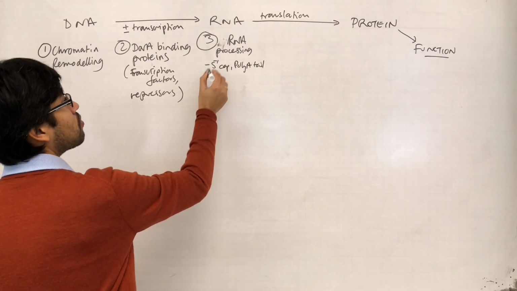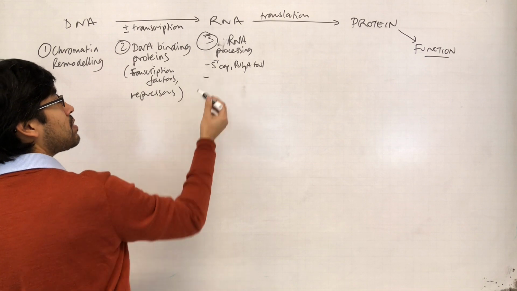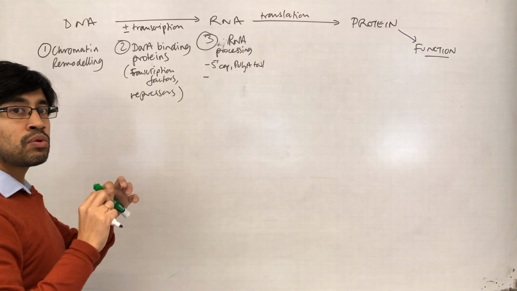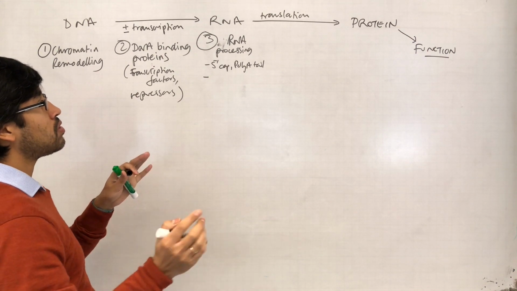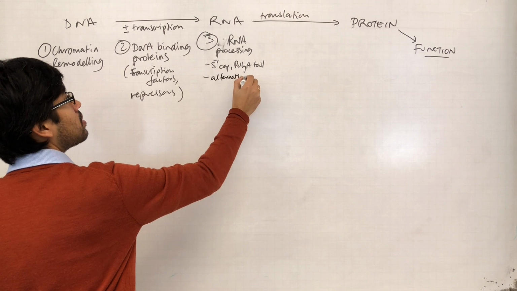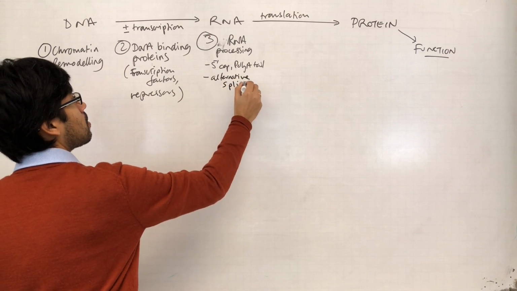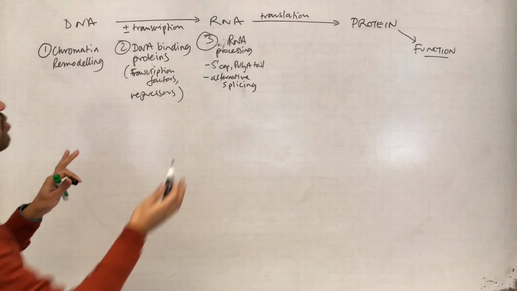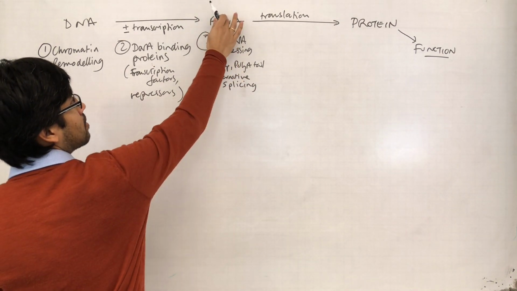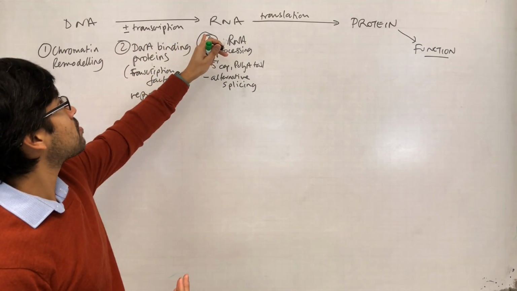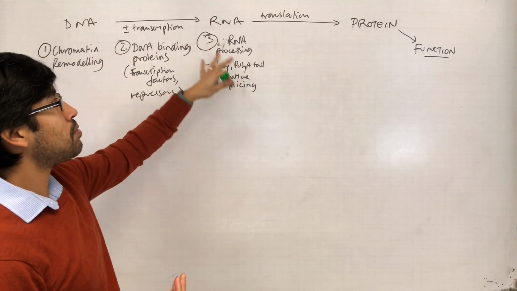As well, we carried out splicing, removing the introns, but also having the ability to swap the exons around and produce different proteins. So the next mechanism was alternative splicing. So those are taking place at the RNA stage. Once the RNA has been produced by transcription, stuff can still happen to it.